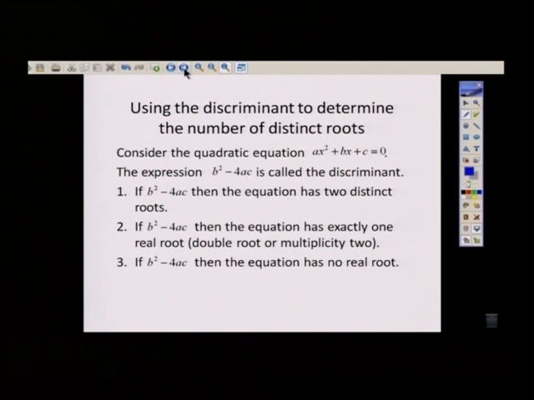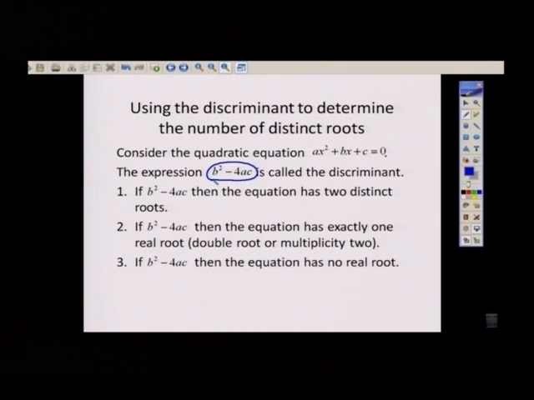So the way that we can determine how many solutions a quadratic equation will have is all based on something called the discriminant. The discriminant is the part of the quadratic formula that's under the square root symbol, because that's the part that determines the number of solutions.